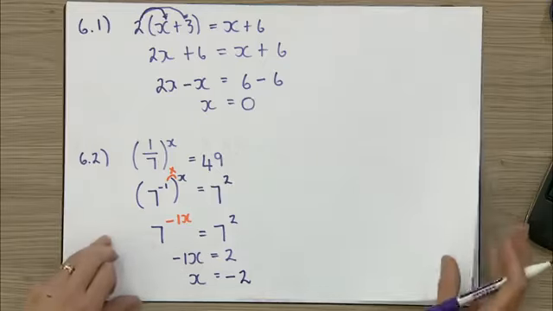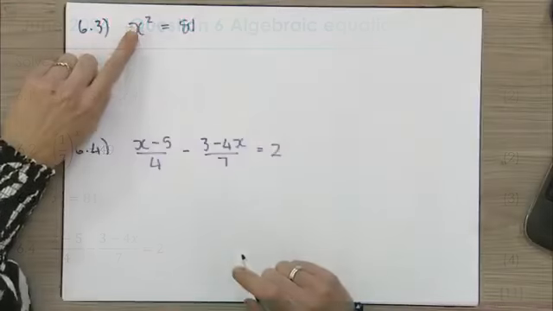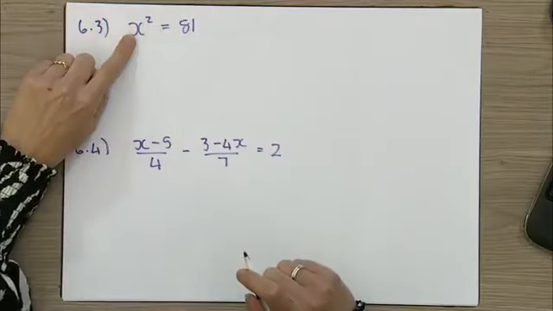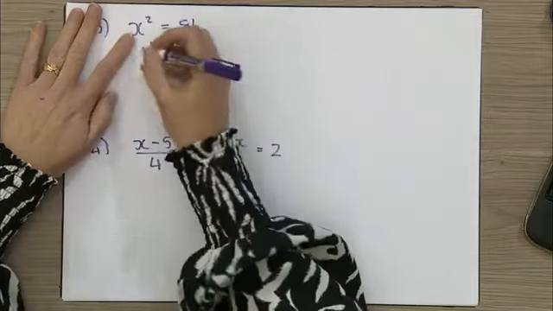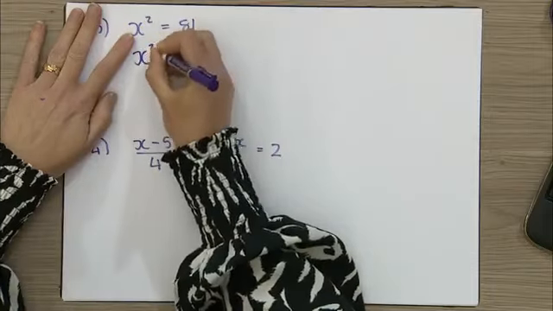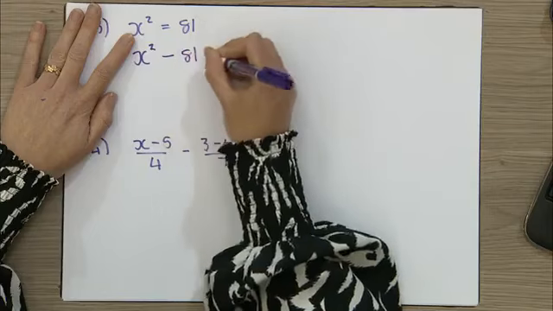Question 6.3. Grade 9s, I'm going to give you a trick for equations. If you get anything with a power of 2, bring everything to the one side. So it says equal to 0. So x to the power of 2 minus 81 equals 0.